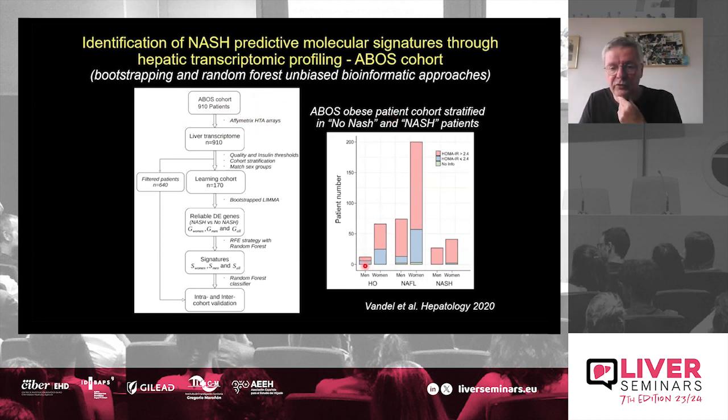You see the distribution between men and women of healthy, obese, fatty liver, and NASH in this cohort. And it's not a surprise to see that you have a lot of women with a lot of fatty liver, not necessarily NASH, but there's also quite a bit of NASH patients in this group.